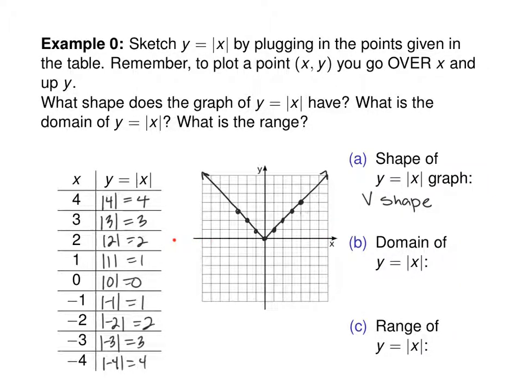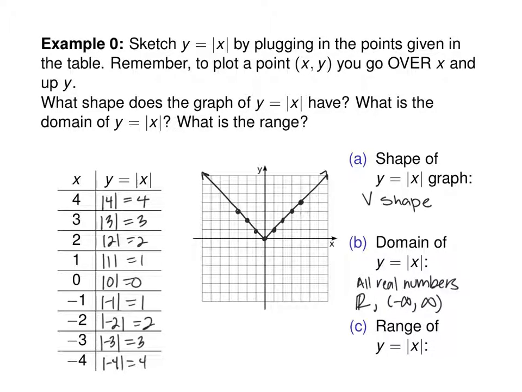And the answer is that there isn't a leftmost point because this goes over and up forever. And there isn't a rightmost point because this goes over and up forever. So that domain is all real numbers, which you can express with this symbol, an R with two lines, or you can give as negative infinity to infinity.